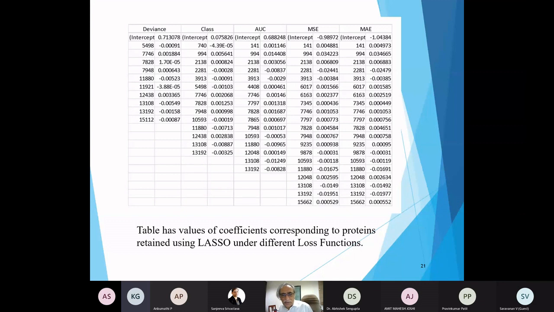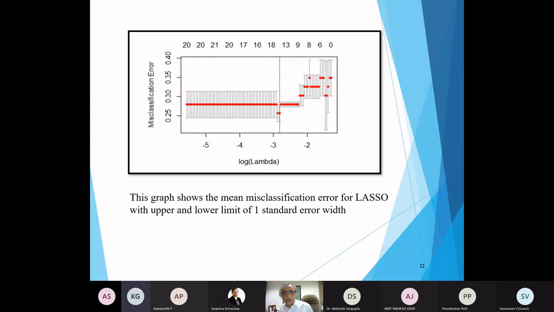Okay, now let's change the loss function. Now I'm using the misclassification error as the loss function, and the graph shows the mean misclassification error for LASSO with upper and lower limits. Again, the misclassification error is obtained for each value of log lambda, and then I try to locate the value of lambda for which this misclassification error happens to be the smallest.